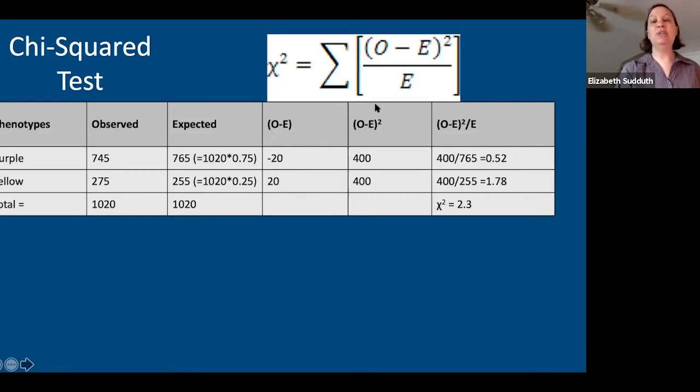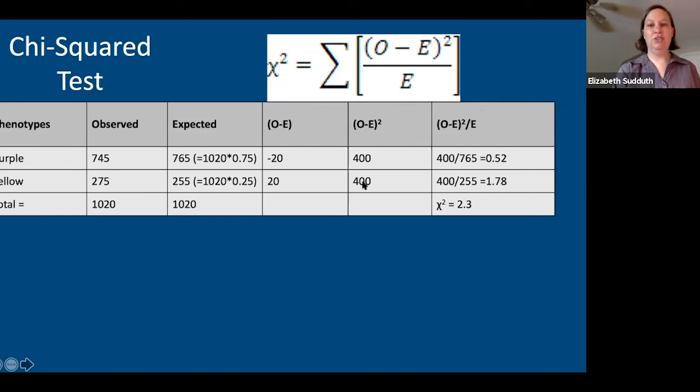In our next column, we're going to square it. Minus 20 squared is 400. Positive 20 squared is also 400. And then in our last column, we're going to take our square and divide it by the expected. So 400 divided by 765 gives us 0.52.